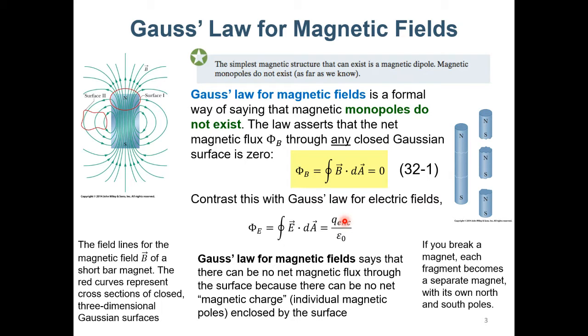We don't have an enclosed monopole. We always have positive and negative, making a complete dipole. Even if you break a magnet, it will become N and S, something like that. So on the right side, we only have 0, which makes the Gauss law for magnetic field simpler.